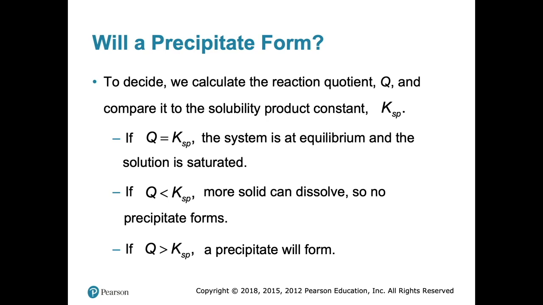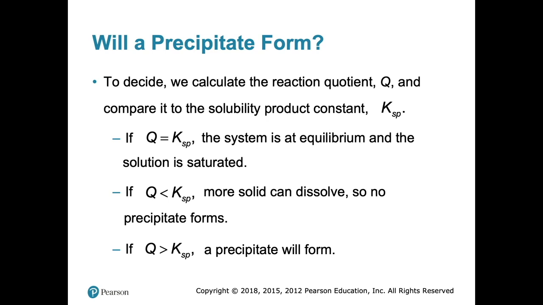So if Q equals Keq, that means the reaction is at equilibrium. The same thing can happen here with Ksp. With Ksp, if Q equals Ksp, the system is at equilibrium and the solution is saturated.